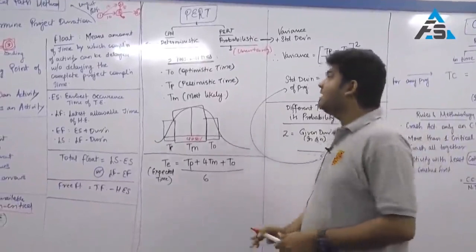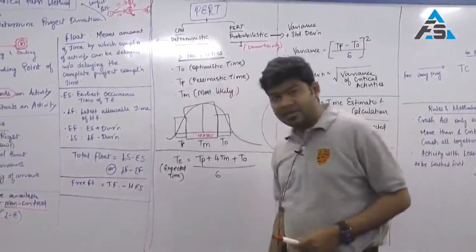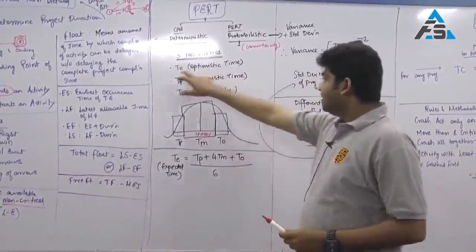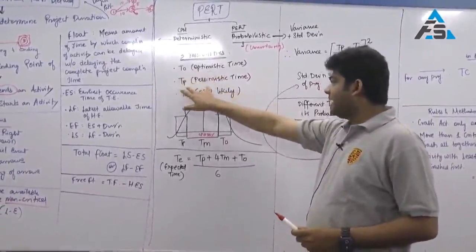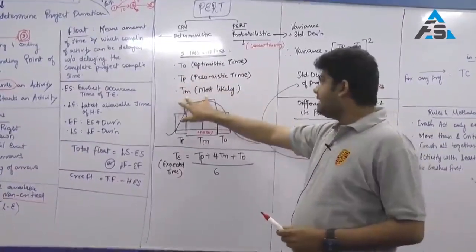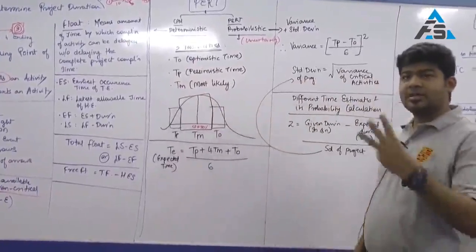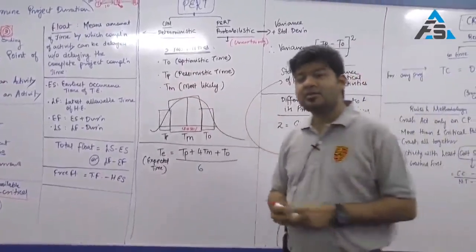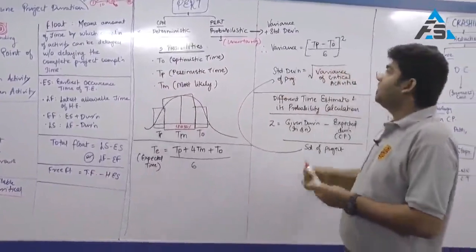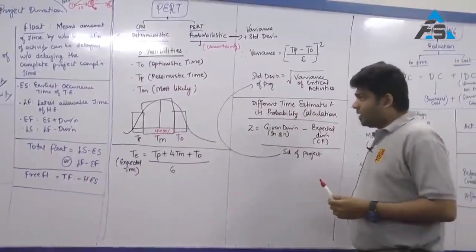How are those probabilities calculated? Pay attention. There are 3: TO, optimistic time; TP, pessimistic time; TM, most likely. These are the 3 possibilities that are included as part and parcel of PERT.